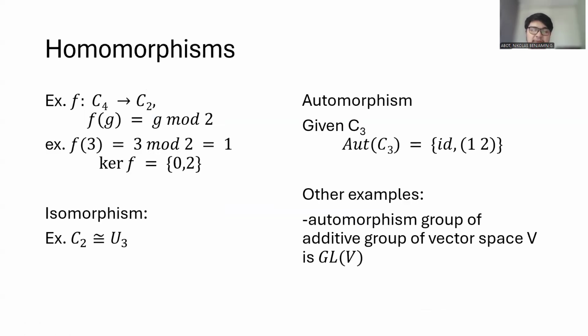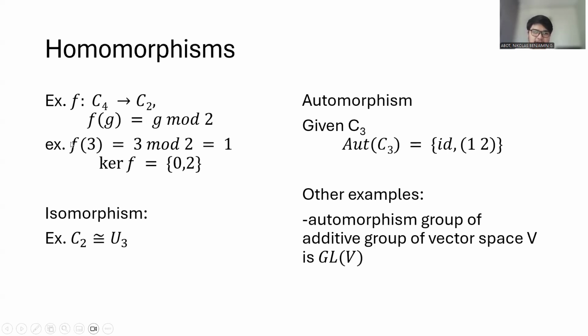Next, we consider special functions between groups, since these allow us to construct bigger groups or analyze their structure. Now, a homomorphism is a mapping from one group to the other such that the function preserves the group operation. That is, effectively, f of x times y is equal to f of x times f of y. One example is given here, mapping from the cyclic group of order 4 to the cyclic group of order 2, where the function is defined by simply taking the element mod 2.